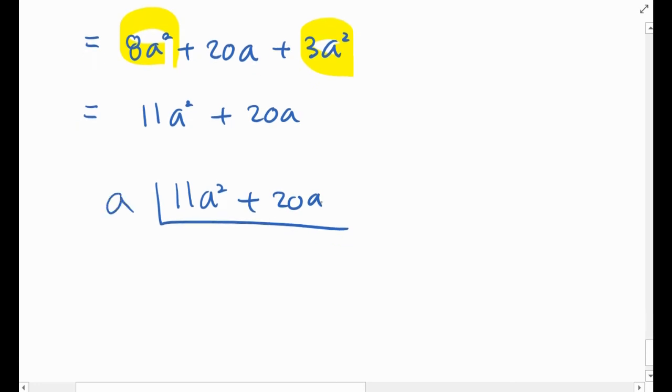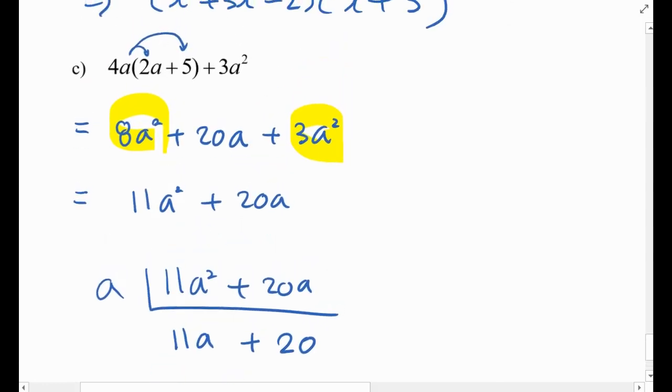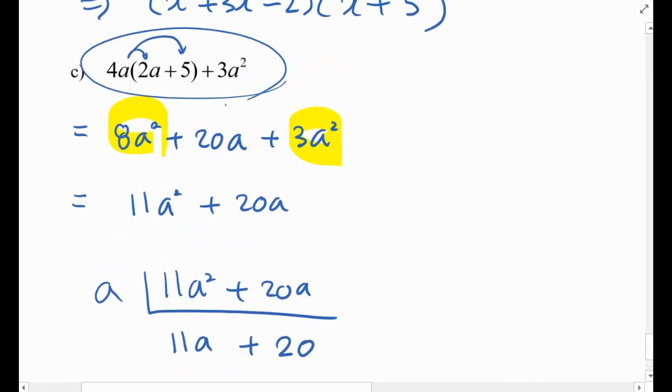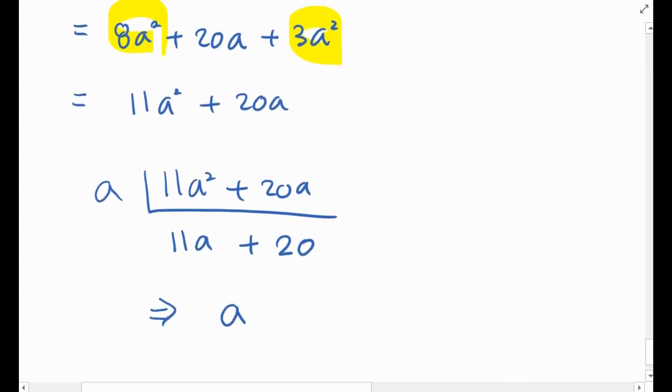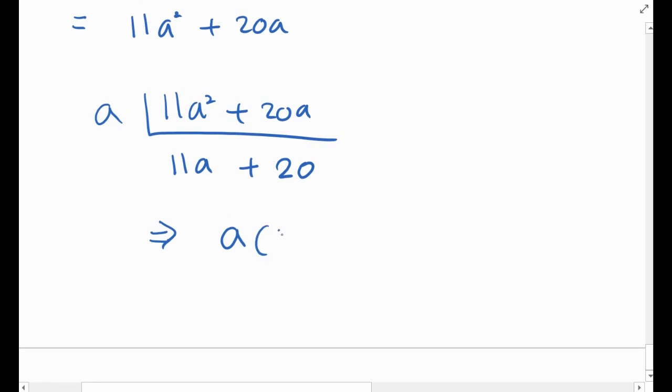We have two a's, one a. GCF is a, then 11a plus 20. So we tried to find another GCF, but I think that's it. There's no GCF here. So apparently GCF was just a. So therefore, 11a plus 20 times a. So this is the factored form.